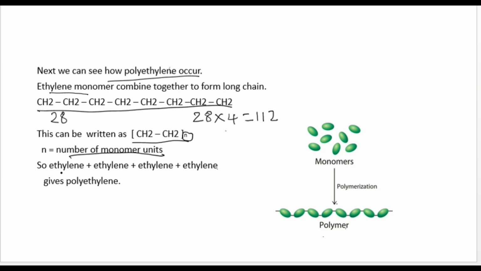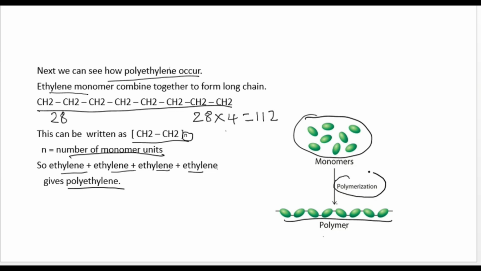So, ethylene plus ethylene gives polyethylene. This is how the polymer is forming. That is, many monomers combine to form a longer chain. That is polymer, and this process is known as polymerization. We will discuss about polymerization in detail in coming videos.